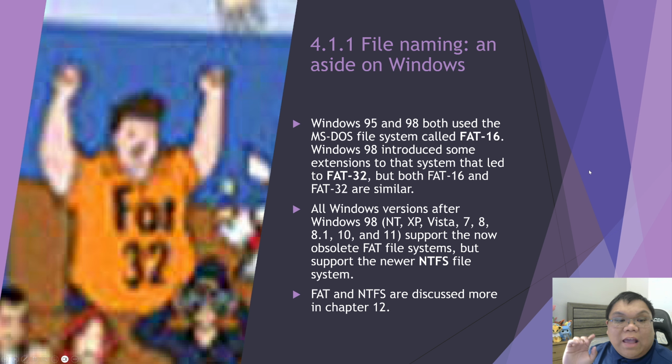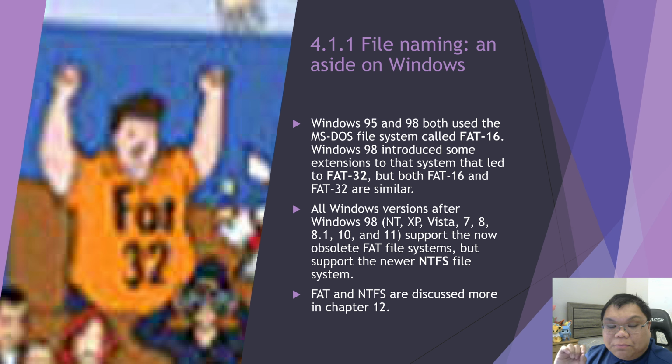Windows 95 and 98 both used a file system called FAT, more specifically FAT16. Windows 98 introduced an extension to that called FAT32. All Windows versions after that, starting at Windows NT, and then XP, Vista, 7, 8, 8.1, 10, and 11, they all support FAT, but at this point FAT is obsolete, so all those Windows versions support the newer NTFS file system.